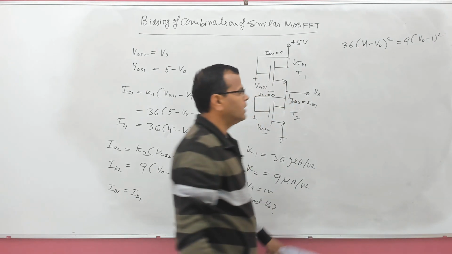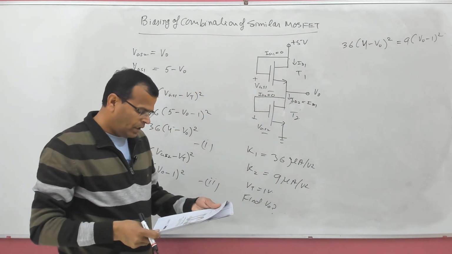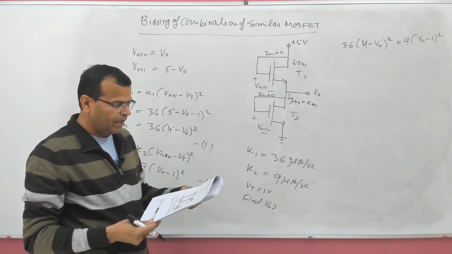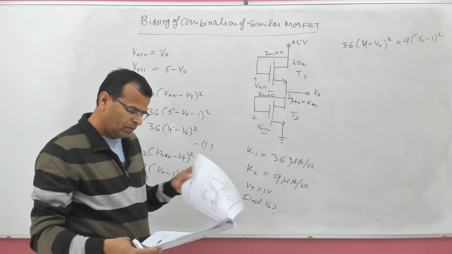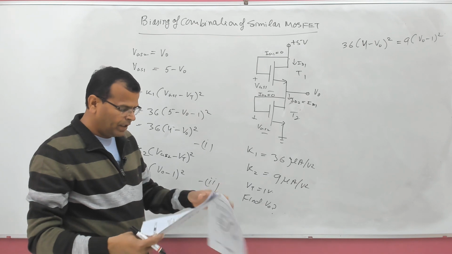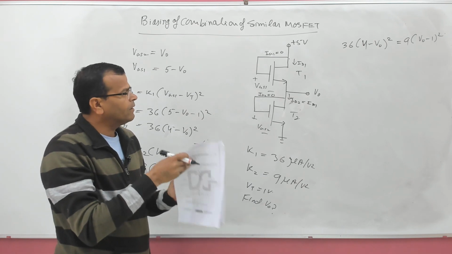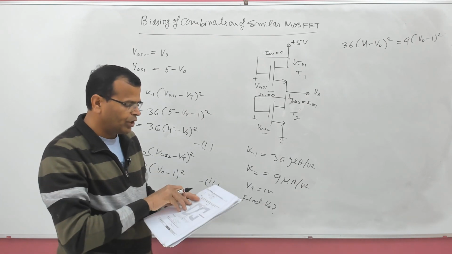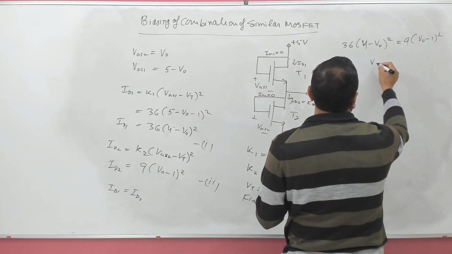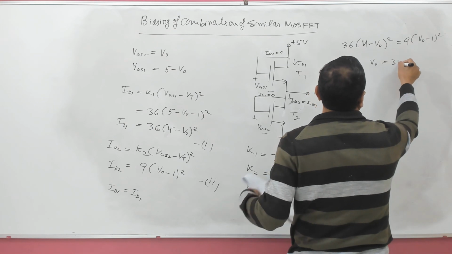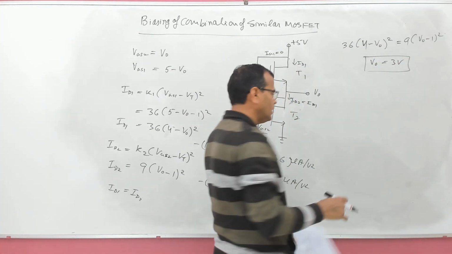You can simplify this equation, and by simplifying this combination we get the voltage V naught equal to 3 volt. I am writing the result directly.